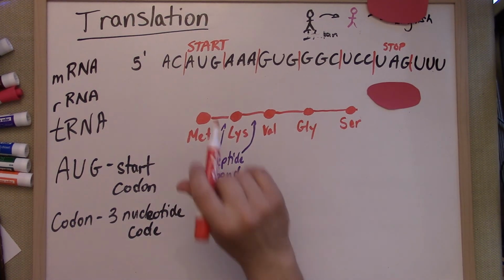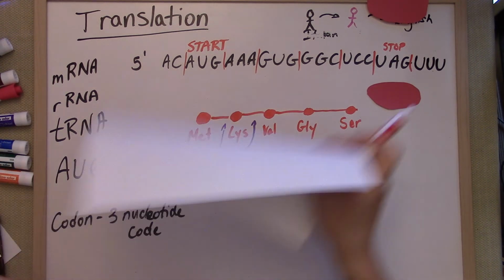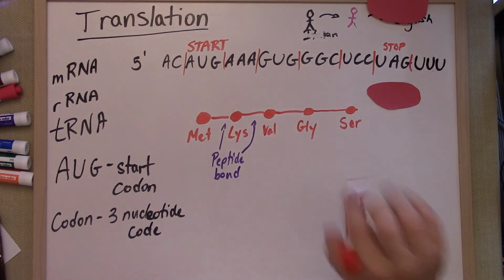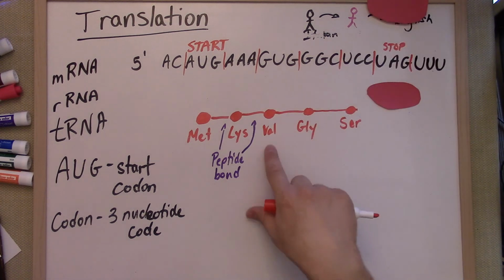Every time there is an AUG, a tRNA is going to come in that has the anticodon, and that tRNA will always have methionine. Every time I have GUG, the tRNA that comes in will always have valine, always.